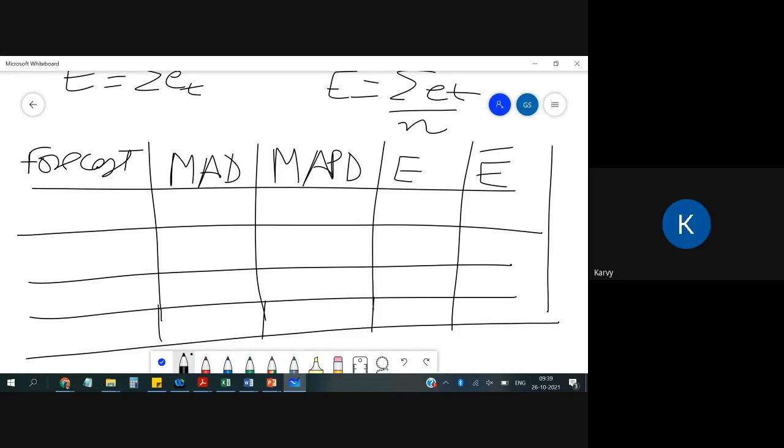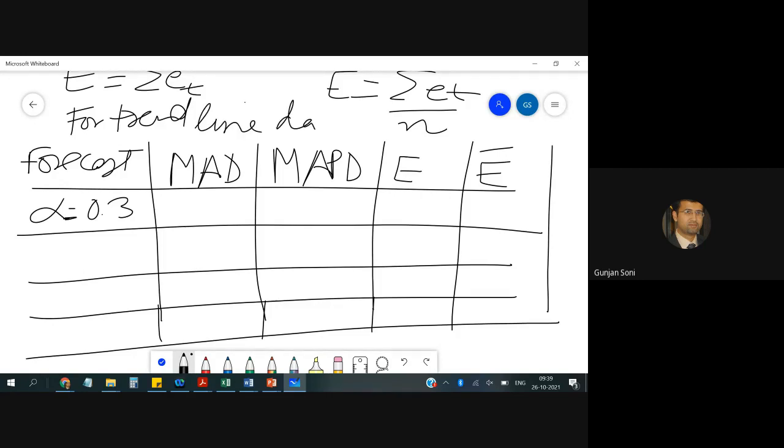You will take alpha as 0.3 for the data which I have just sent you, the trend line data. For trend line data, you have to apply alpha equal to 0.3. You have to apply alpha equal to 0.5.